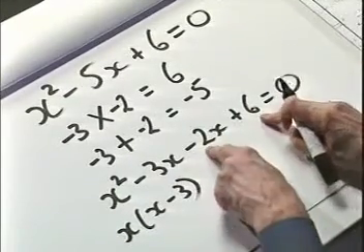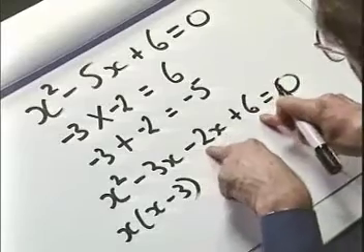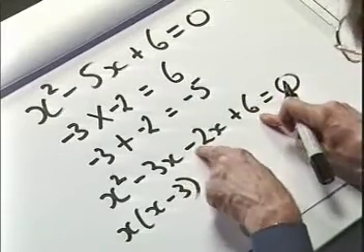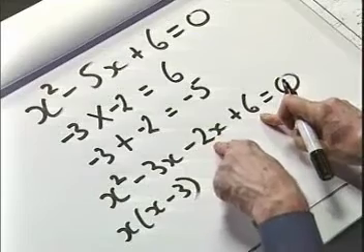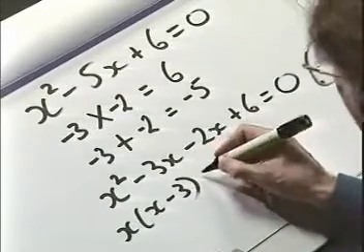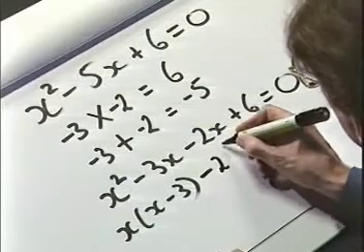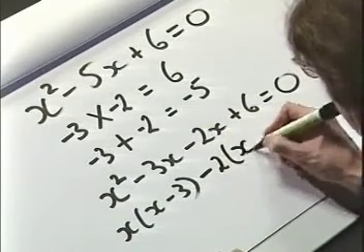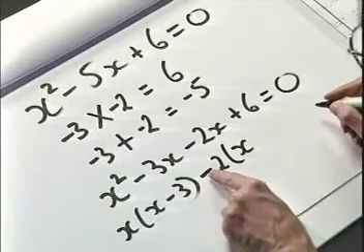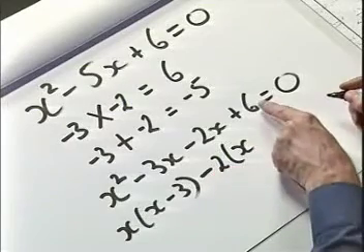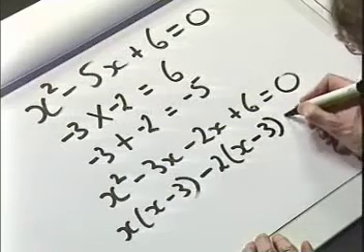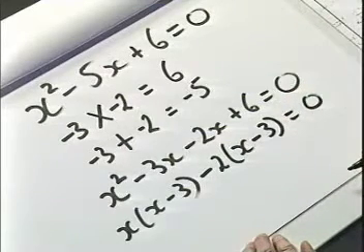And now we look at these two terms and we take out again a common factor. Well, obviously there's 2, but this is minus 2x. So because this is minus 2x, I'm going to take minus 2 as the factor. Minus 2 brackets x. And now I need to put something in here so that I have minus 2 times it gives me plus 6. And that must be minus 3, equals 0.